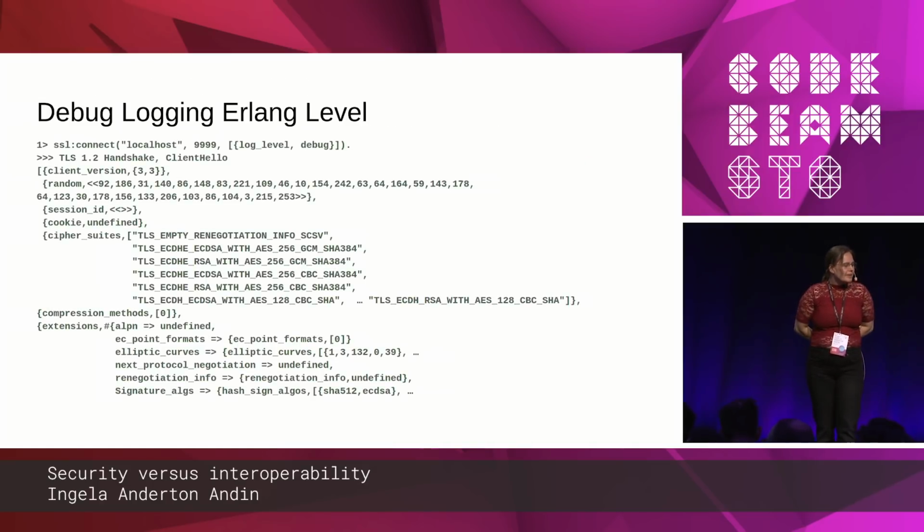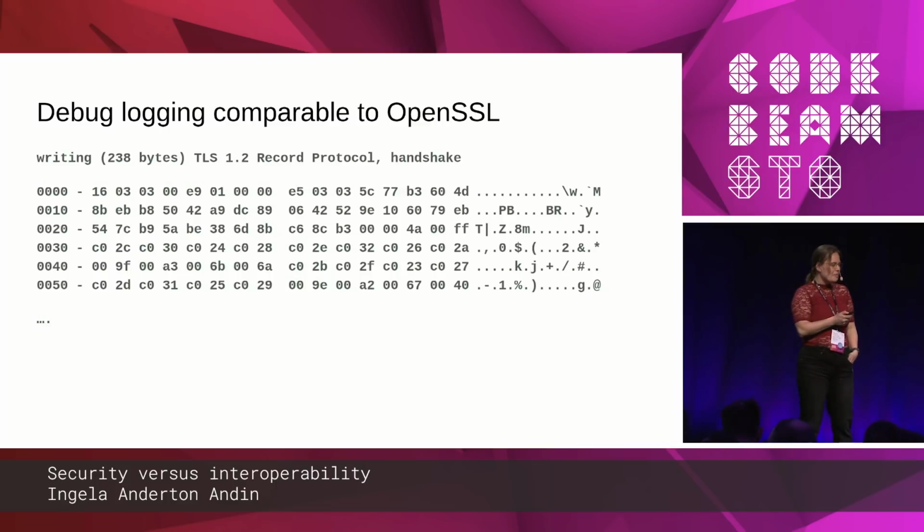We also added a debugging level for logger, so you can actually get the whole TLS handshake in Erlang term format, and it's really nice. And we also added a debugging level of what goes out on the wire.